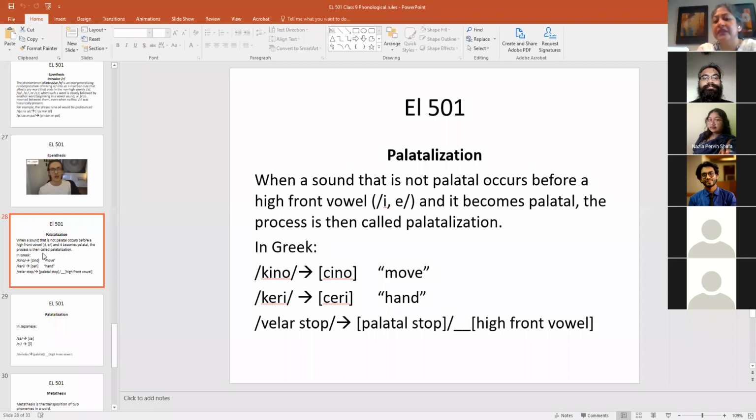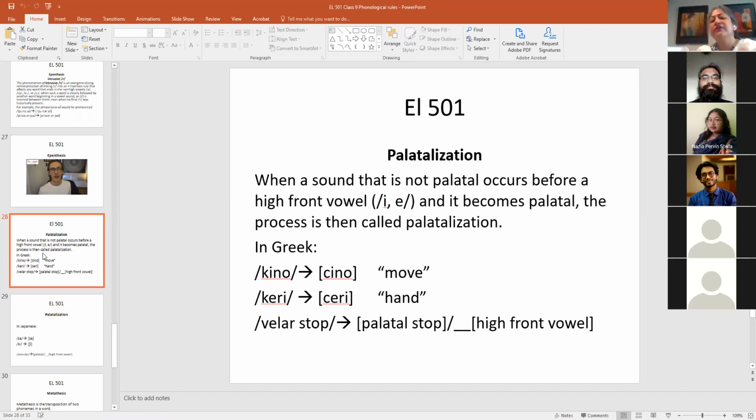Like in this case, if you look at the Greek example, it still remains a stop. It does not change its manner. It does not change its state of voice. It only changes its place of articulation.